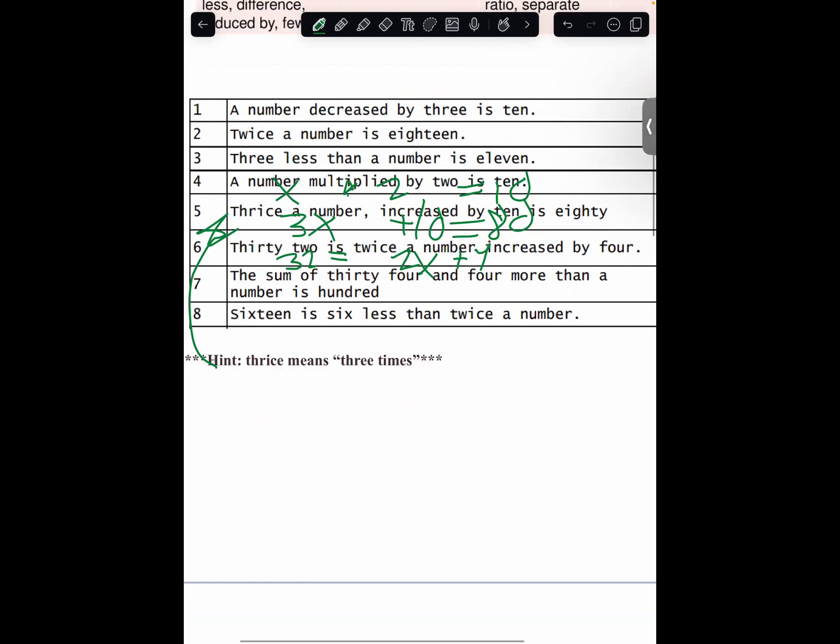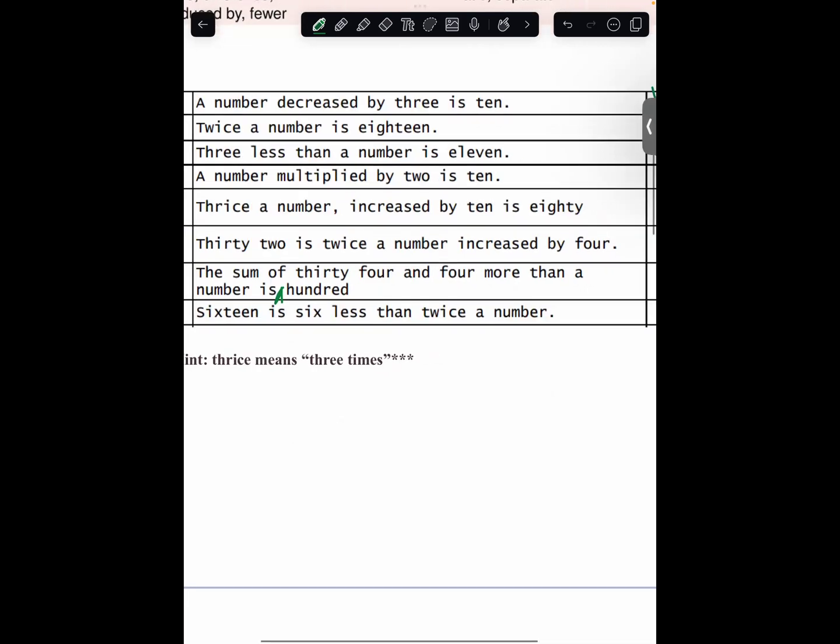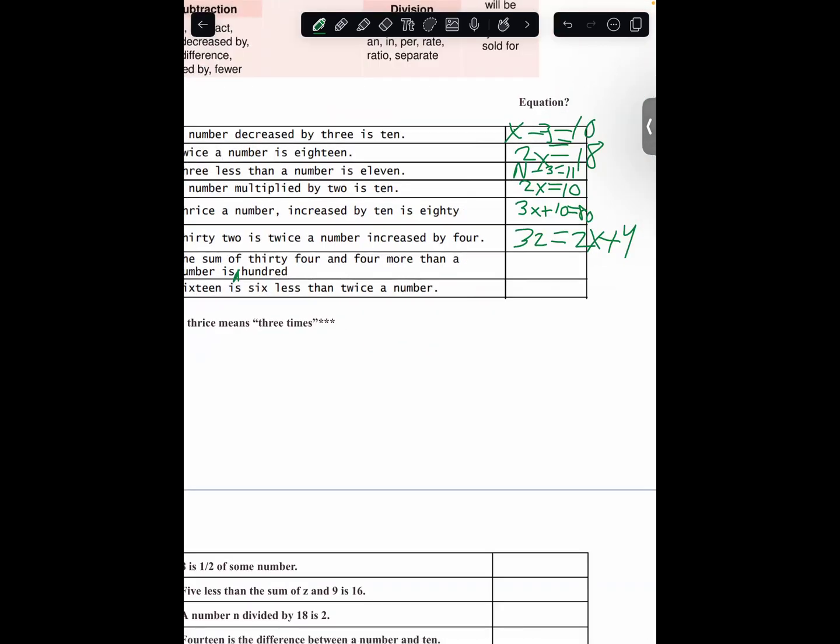Next one, the sum of 34 and 4 more than a number. This one's pretty hard. So the sum of 34, so 34, the sum of that.